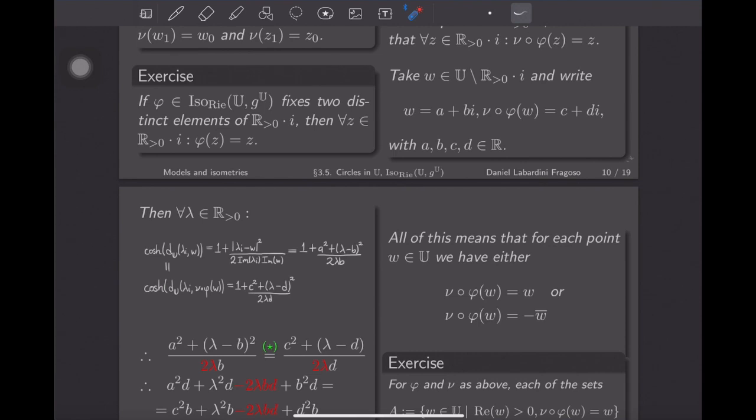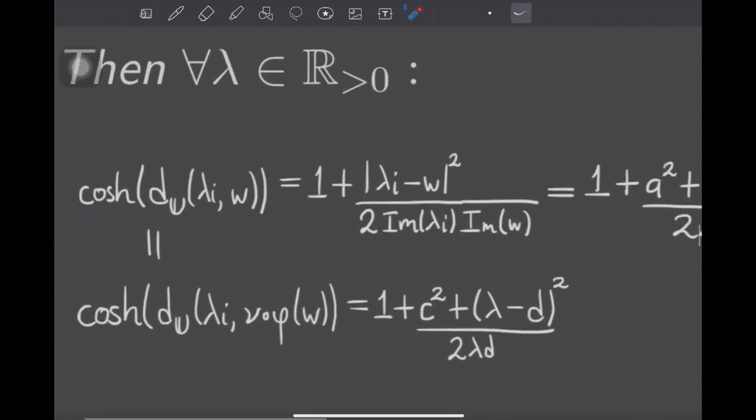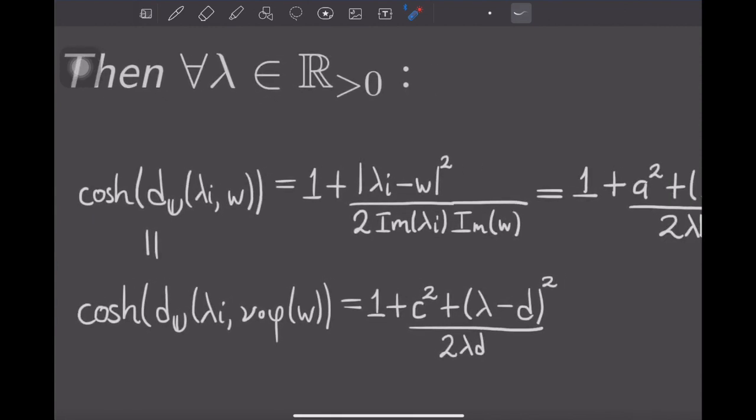Now here comes kind of some magic. I take an arbitrary positive real number, and then I notice the following. This we computed: this was the formula for the hyperbolic cosine of the distance between lambda I and W, and it gives me this.